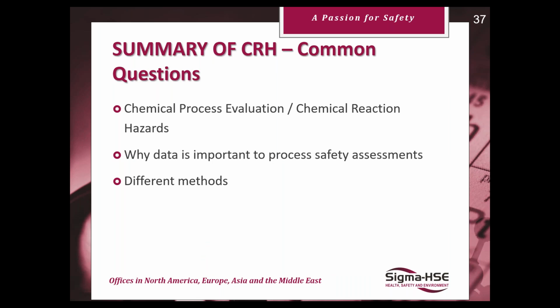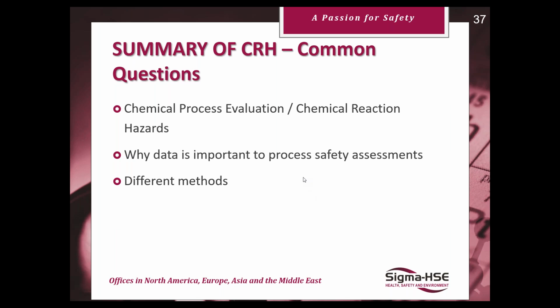So that brings us to the end here of our 10 common questions for chemical reaction hazards. At the outset, we went through why we use chemical process evaluation and chemical reaction hazards, the obvious similarities between the two, but where we pin the differences.